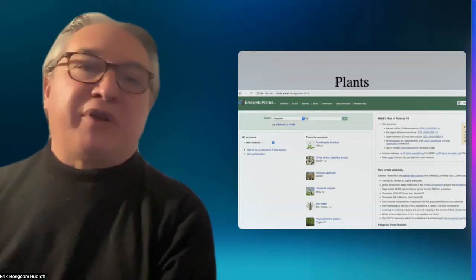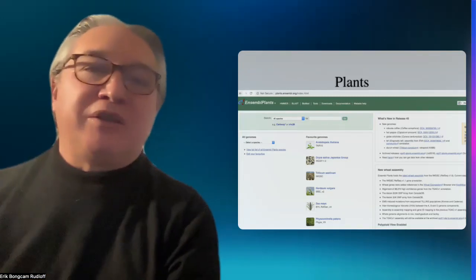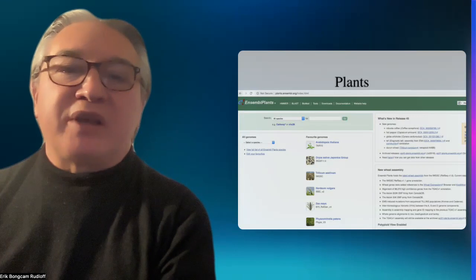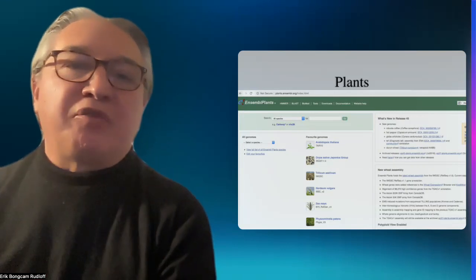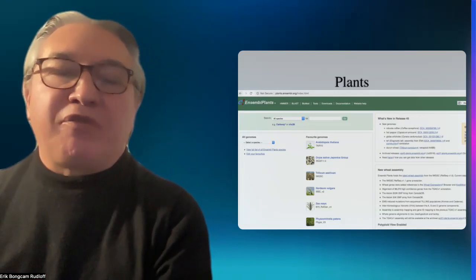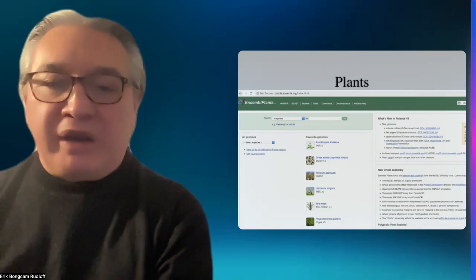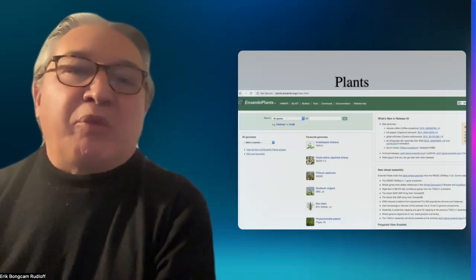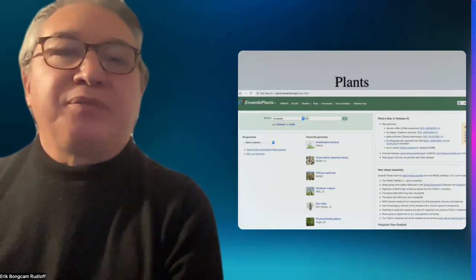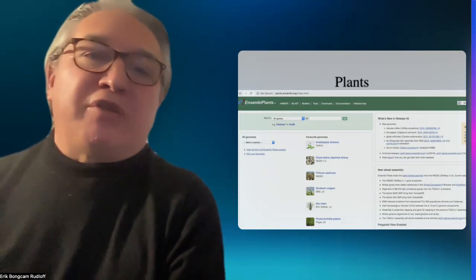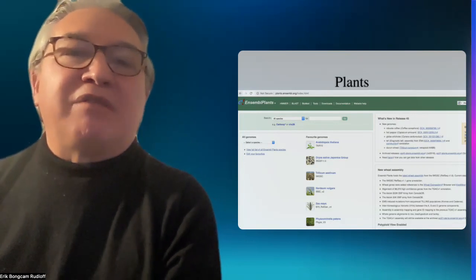For plants, it's different because plants are completely different. So in plants, there is another type of selection of which genomes are there. And the first genomes that went there is because they were the first ones that were public. The rice, for instance, was one of the first, but that was not public until very late.